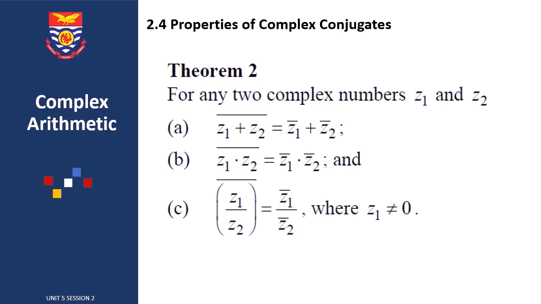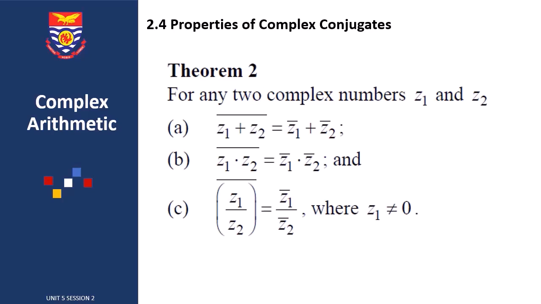These are properties of the conjugate. Likewise, if you divide them before you find the conjugate, it is the same as taking the conjugate of each of them before you divide. These are usual things we know already.